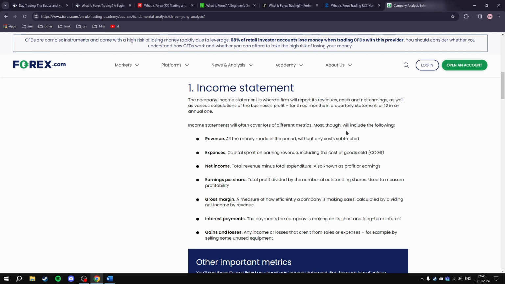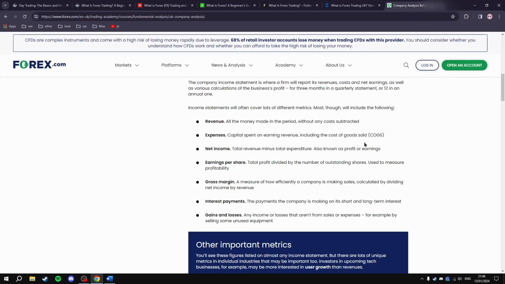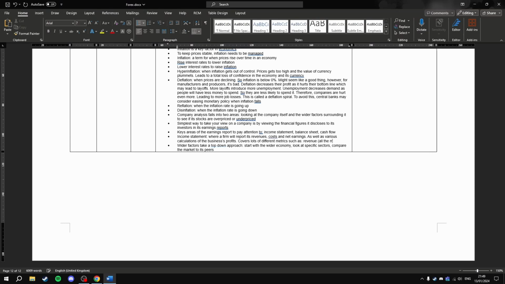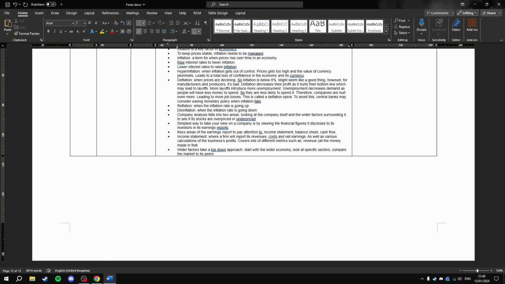Income statements will often cover lots of different metrics. Most, though, will include the following. Revenue, and that is all the money made in the period without any costs subtracted.